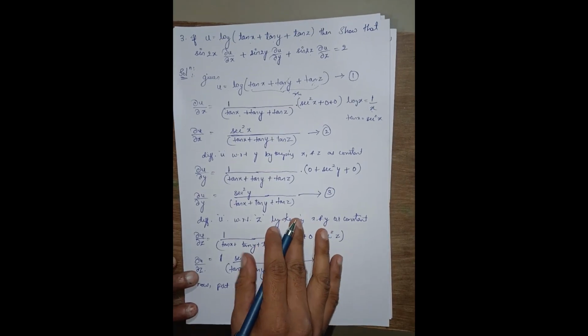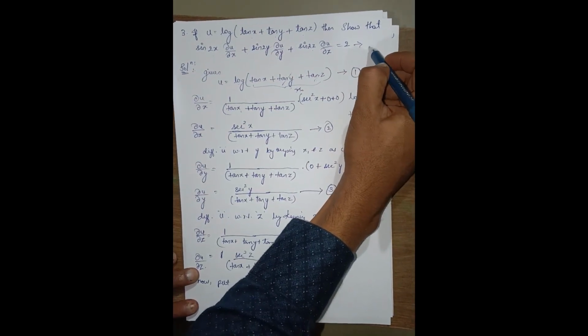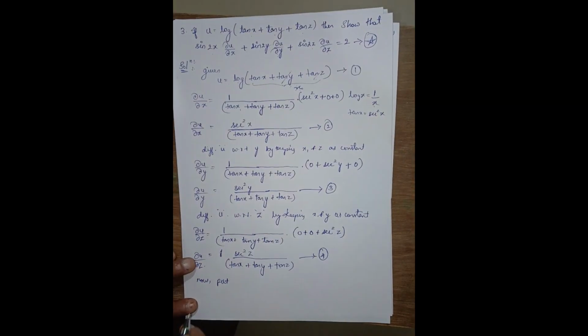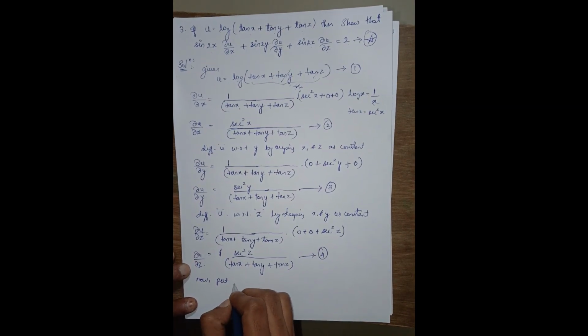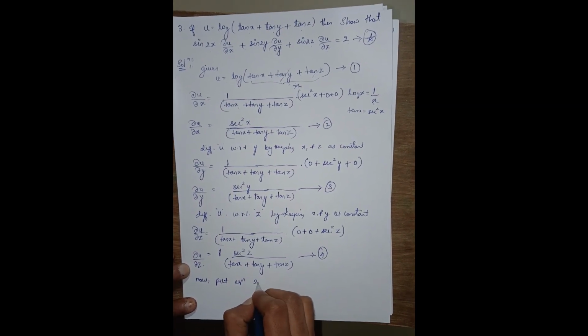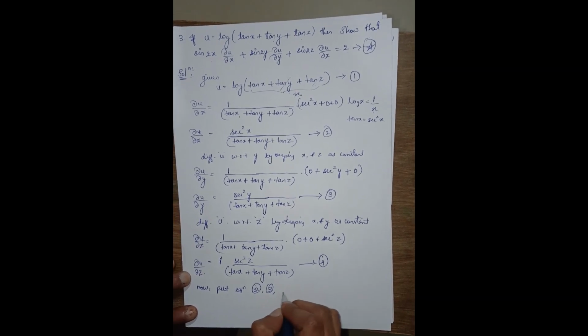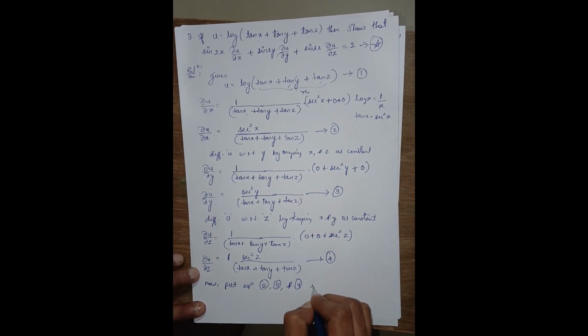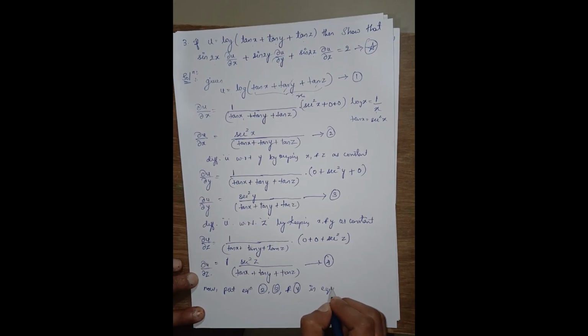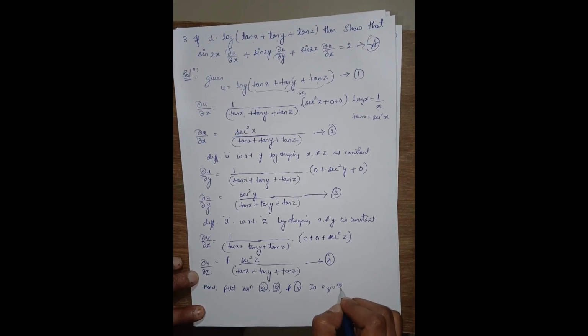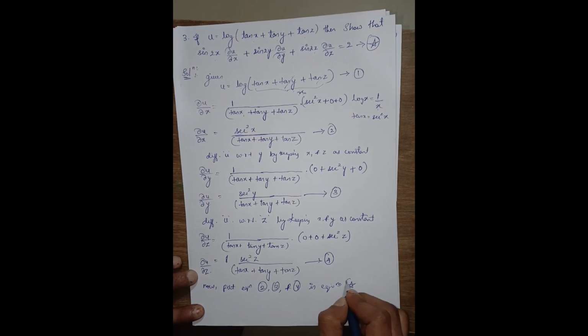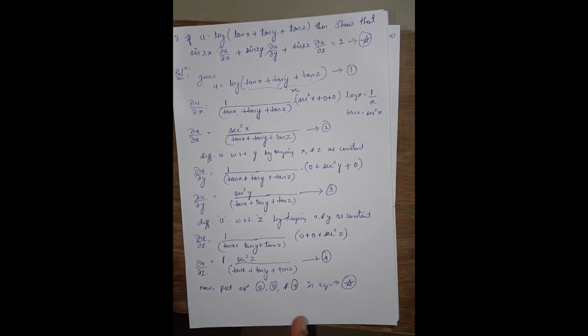Let us consider this as equation number star. Now put equations 2, 3 and 4 in equation star. I will do this in the next page.